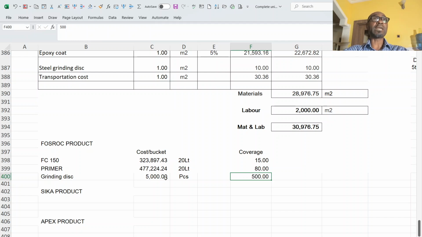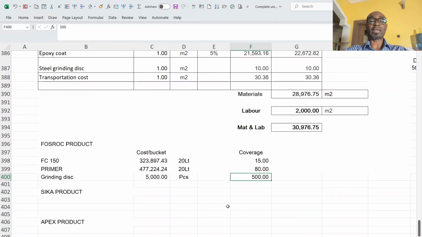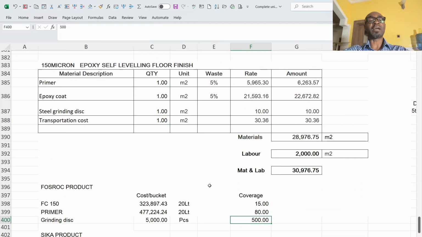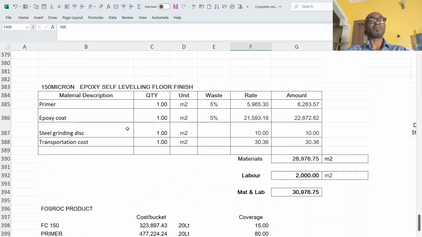It is assumed that the grinding machine is part of the tools that the applicator will bring, so you don't need to hire. And one disc can grind up to 500 square meter. So, having gotten all of these parameters, let's go to the table proper.